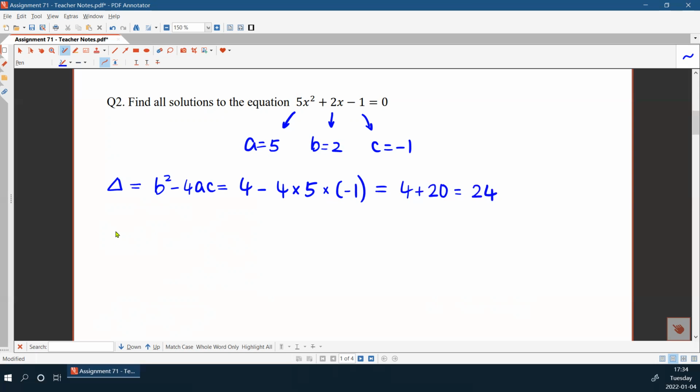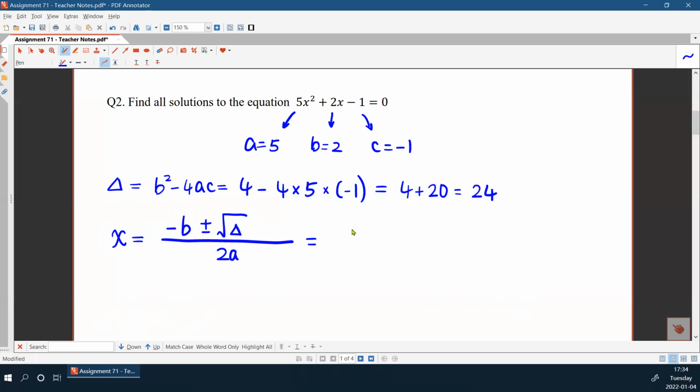Then the solutions x are given by this formula: 2a is the denominator, and negative b, plus or minus square root of delta.